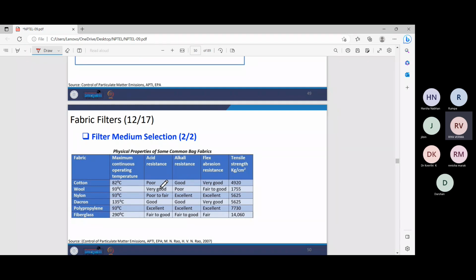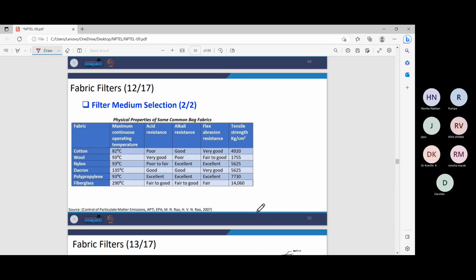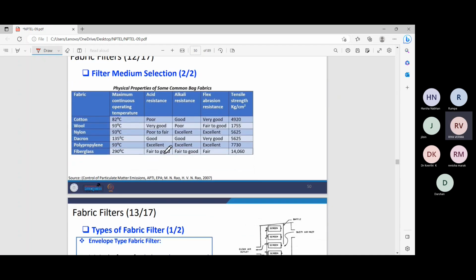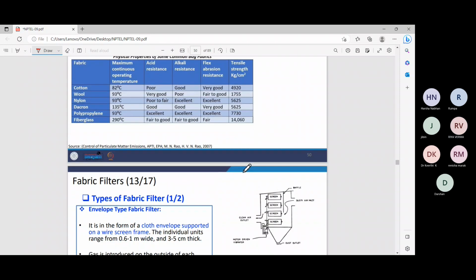Its alkali resistance is good, and flex abrasion resistance is very good. But its tensile strength is way less, 4920, whereas fiberglass has a very high tensile strength, 14,060. So it's very necessary to select a proper filter medium for a certain carrier gas. Knowing the properties of the carrier gas is very important.